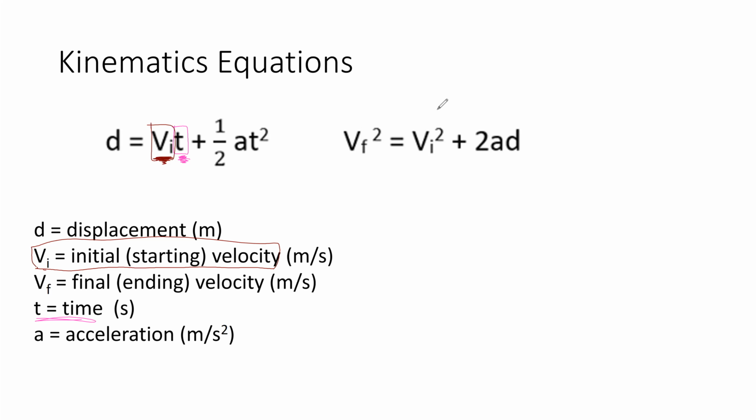And what that really means is VI times T, right? That's what that really means, okay? We have D, which is our displacement. That's right here. Then we have plus half.